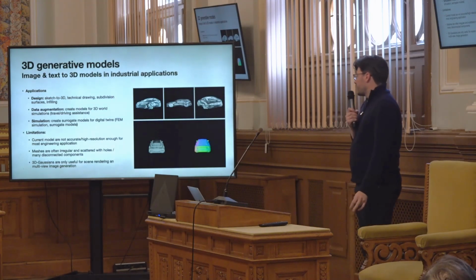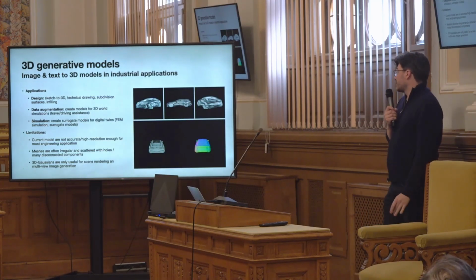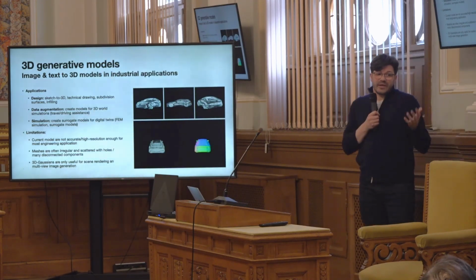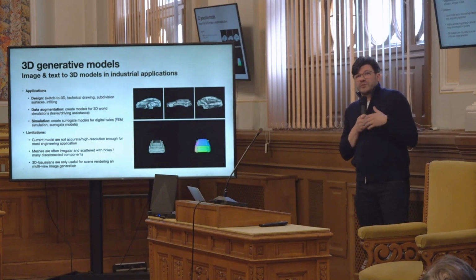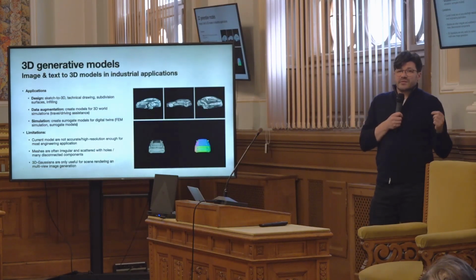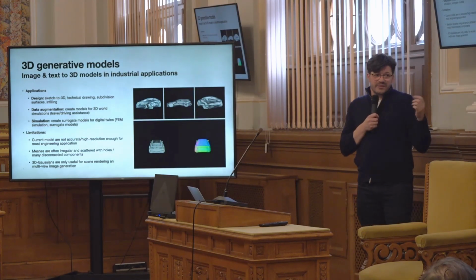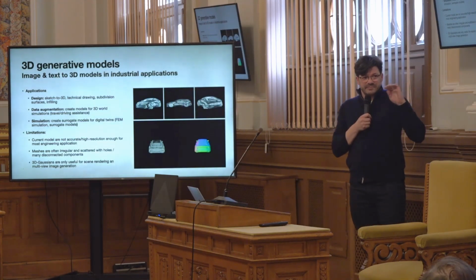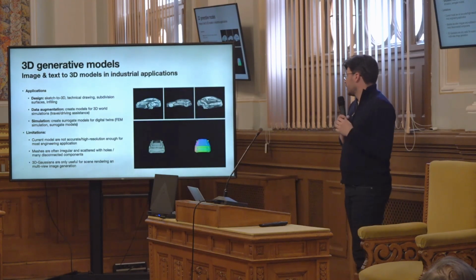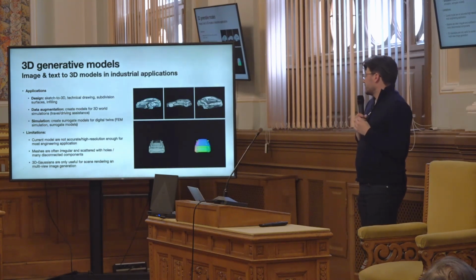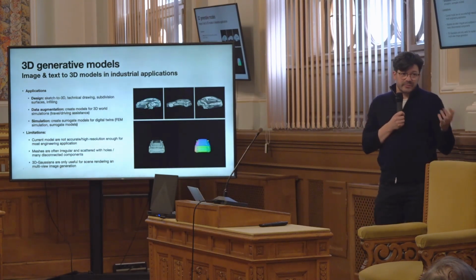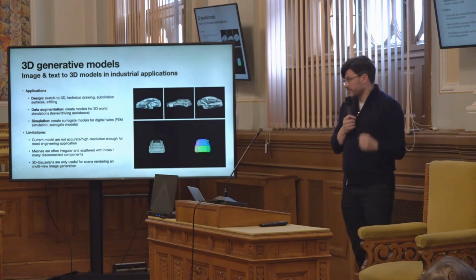So the current problems with these models are that whatever we generate is not accurate enough. The geometry they generate, especially the meshes, comes with a lot of disconnected components and some quite degenerate triangles, so they don't have nice uniform faces. And the 3D Gaussians are only used for rendering; we cannot actually do anything else with them.